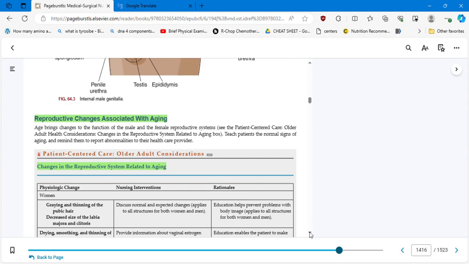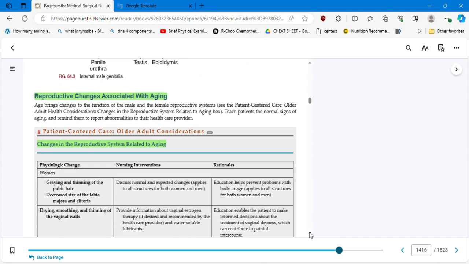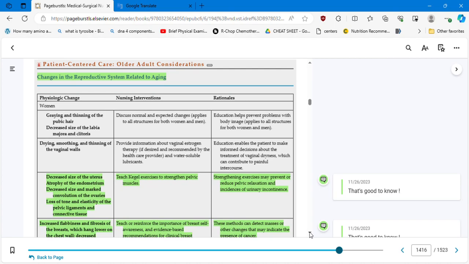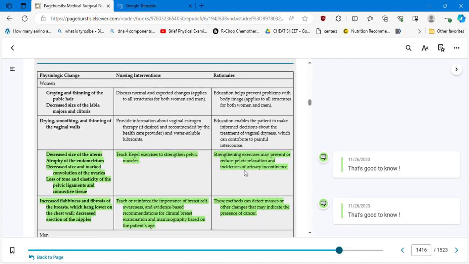Reproductive changes associated with aging. Okay, so let's see this. These are the most important in women. For example, I highlighted the ones that I want you to remember: decreased size of the uterus, atrophy of the endometrium.